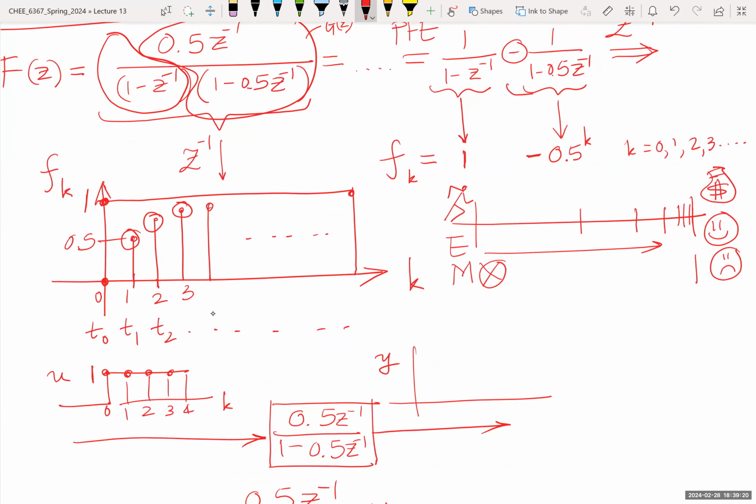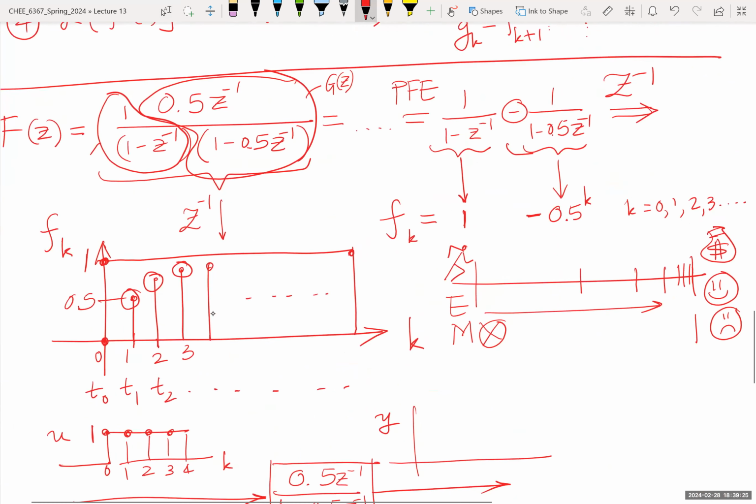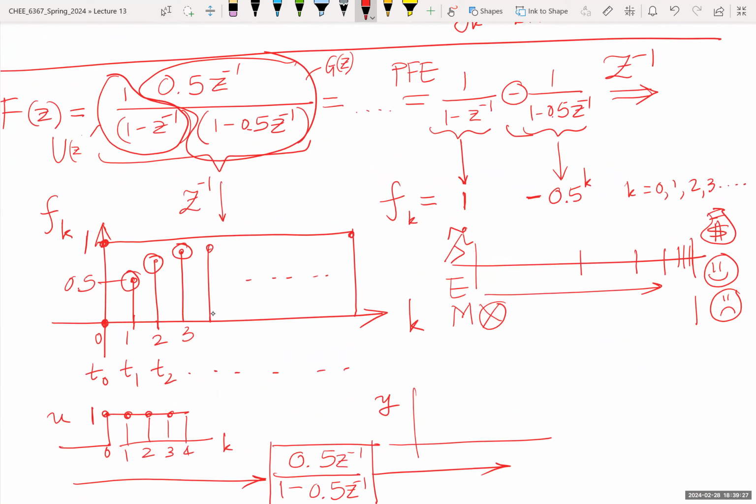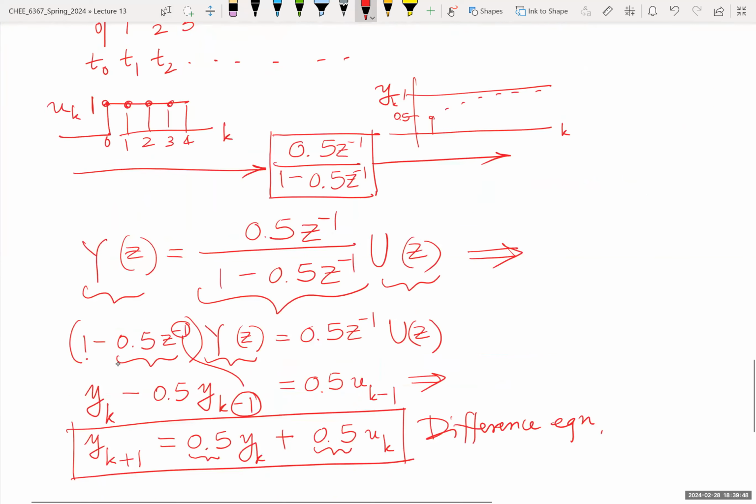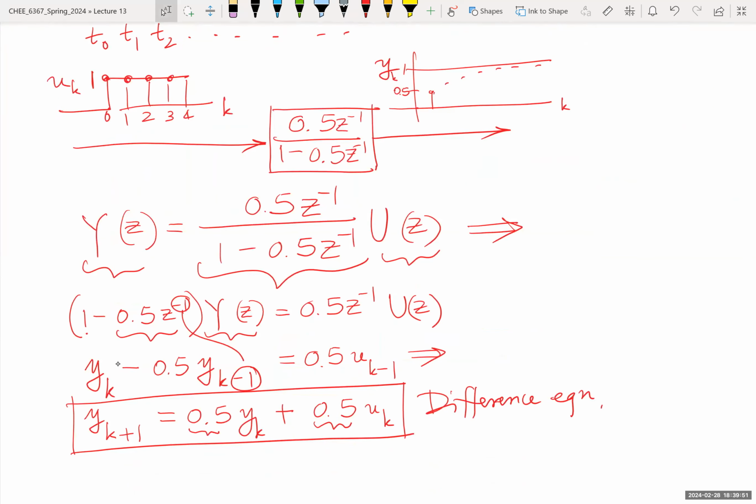There is a 1 here. That input is u of z, 1 over 1 minus z inverse. So that input here generates this output that we just created there from 0.5 to 1 all the way. Okay. And that's a very, very simple case that illustrates the value of these things.